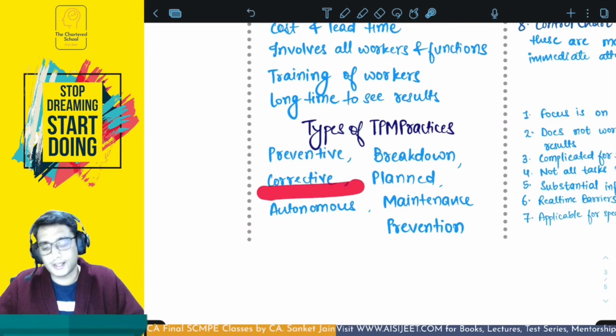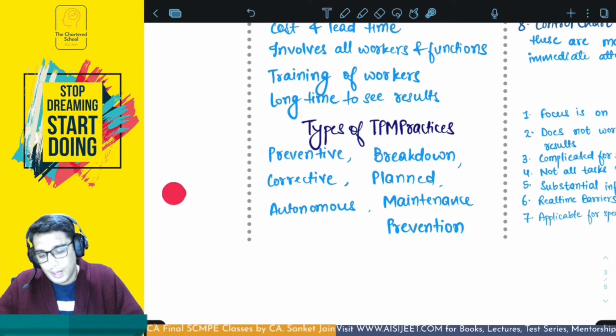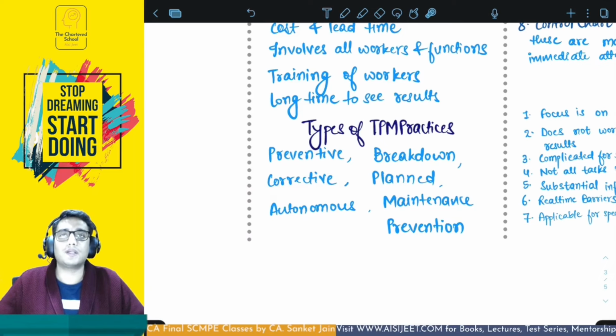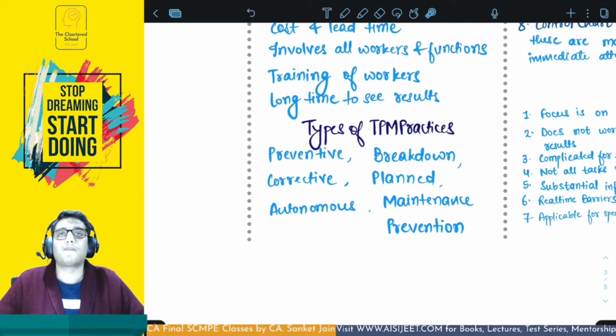Second is corrective maintenance. Corrective maintenance is basically that you are correcting the machines, in which you are analyzing the parts which are there in the machine, so that you can accordingly reassemble the parts in a certain manner with the help of the engineering staff, so that you can maintain the machine in a faster manner.